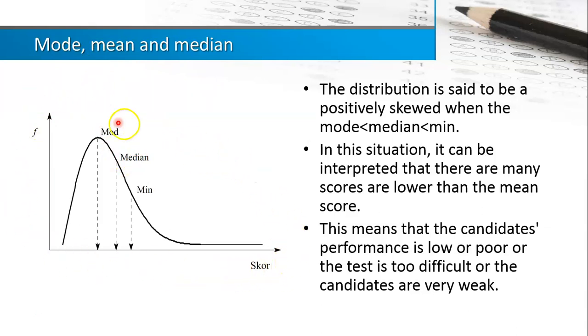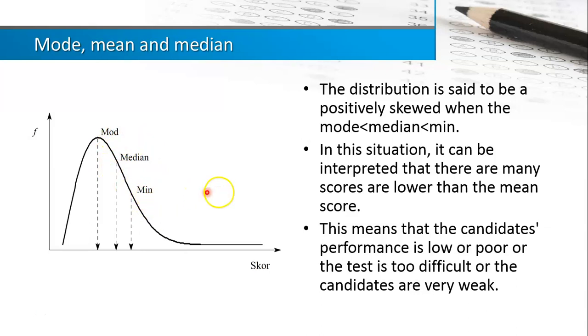For example, if you have calculated the mode, median, and mean for your class test or assessment, you may find that the mode is lesser than the median, and the median is lesser than the mean. If you look at the distribution here, the mode is here, the median is in the middle, and the mean is always over here. Always remember that we call it the median for a reason: it is always in the middle between the mode and the mean.